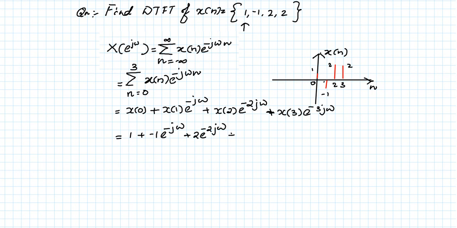Next x of 3 is again 2, so you write 2 into e raised to minus 3 j omega. So your final answer will be 1 minus e raised to minus j omega plus 2 e raised to minus 2 j omega plus 2 e raised to minus 3 j omega. So this is the DTFT of this signal 1, minus 1, 2, 2.